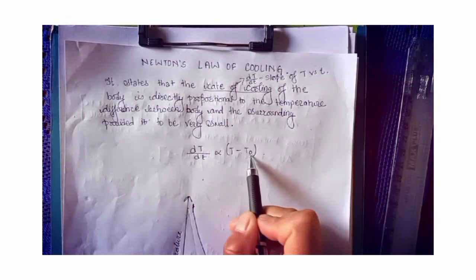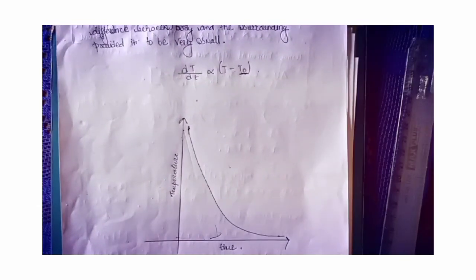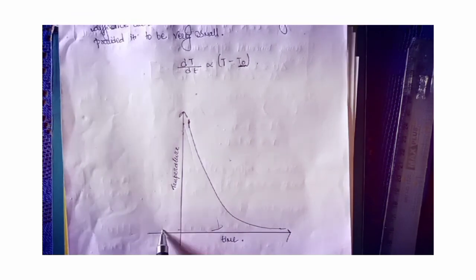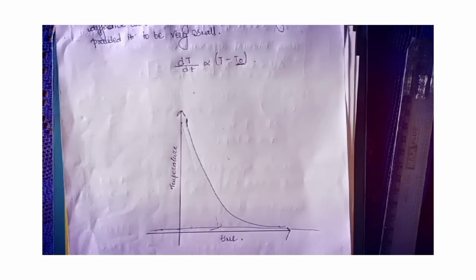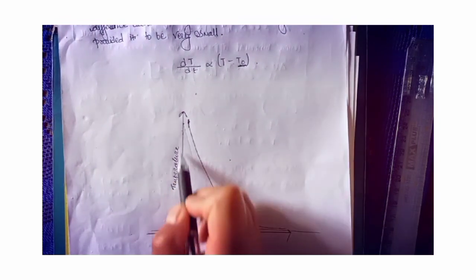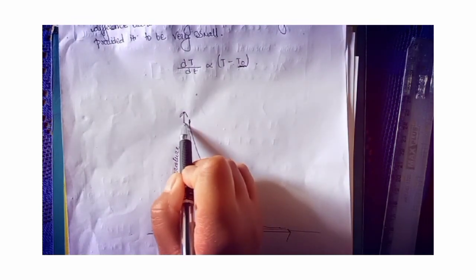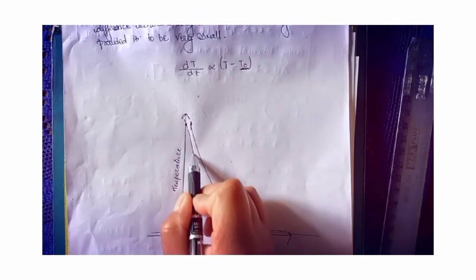Here this T naught has a constant value. Looking at the graph, if the object's temperature is less, then the slope too will be less. And if the object's temperature increases, then the slope will also increase.